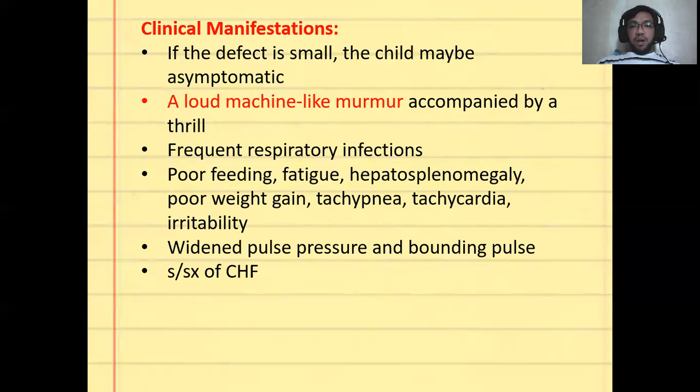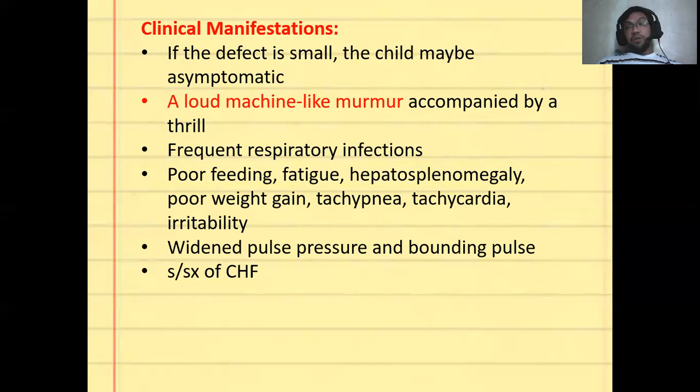If the defect is small, the child may be asymptomatic, and a loud machine-like murmur may be accompanied by a thrill. There might be frequent respiratory infections associated with this. Poor feeding may result, and due to fatigue, the infant is too tired to feed. Remember, their energy is spent during feeding.